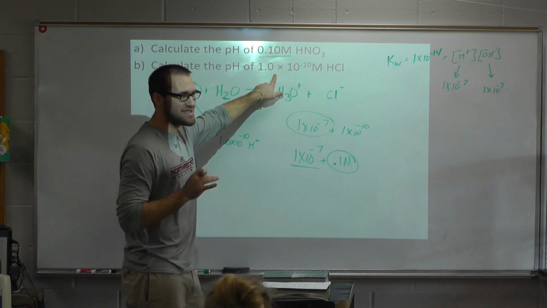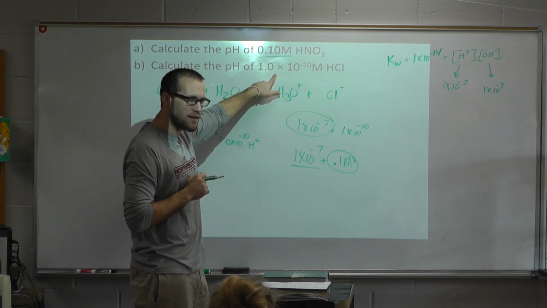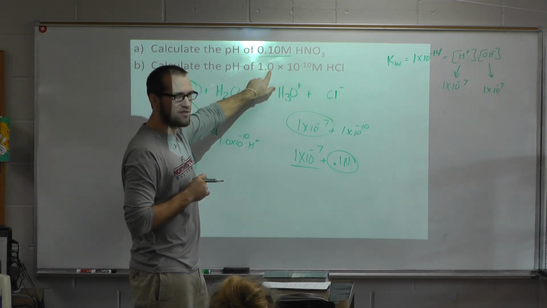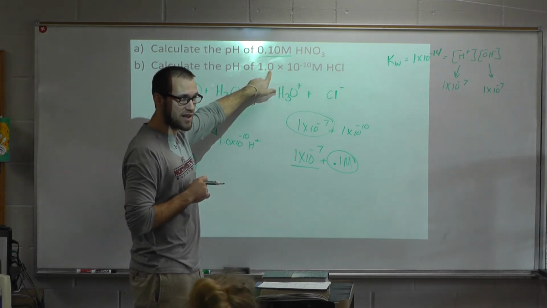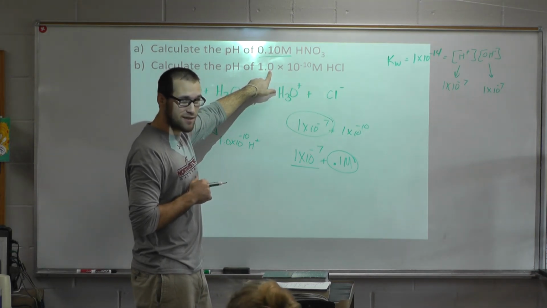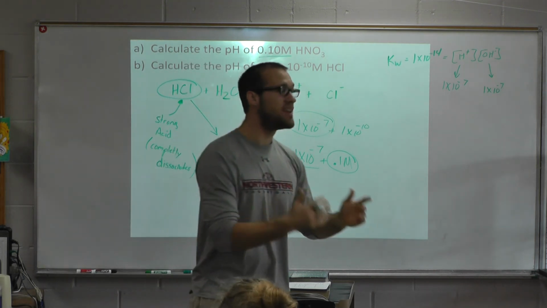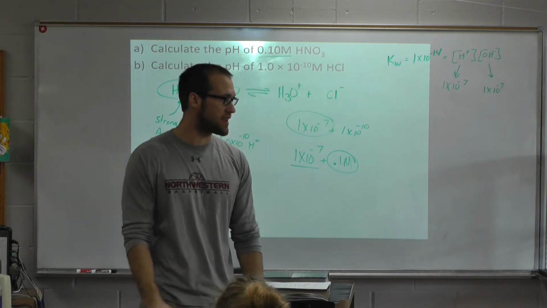I added an acid. Why would my pH be basic? Like if you took the negative log of this, you would get a pH of 10. You know what I'm saying? Everybody? Does it make logical sense for me to add an acid and get a pH that is basic?